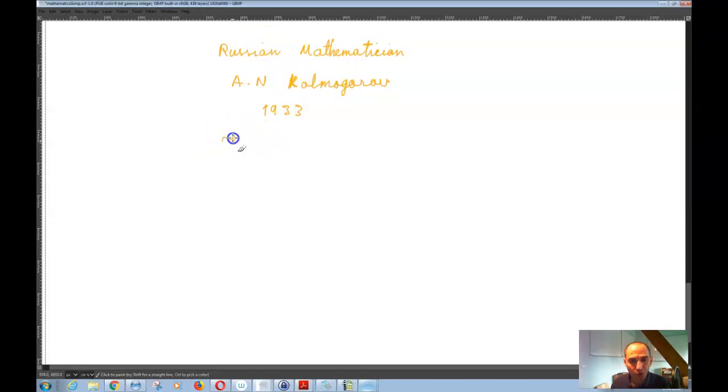He wrote a book called Foundation of Probability and published that in 1933. So in this chapter we will study this approach called the Axiomatic Approach to Probability.